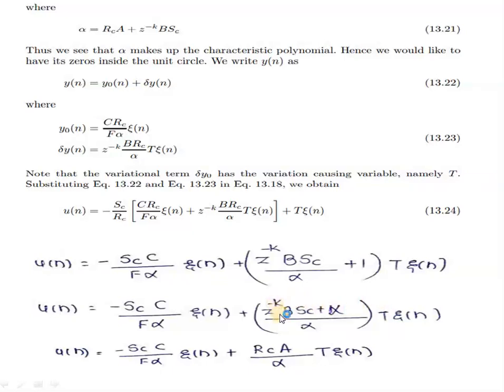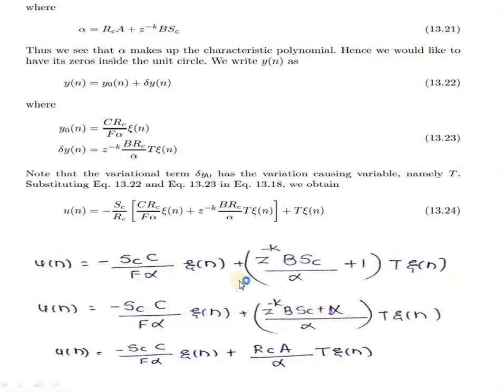Now instead of this term, here we assume that alpha is equal to rc into a plus z raised to minus k into beta sc. Now for this alpha, there is one sign mistake here. It should be minus z raised to minus k into b of sc. Here you just correct it: the minus term should be present, that is, it comes out to be alpha minus z raised to minus k beta sc.